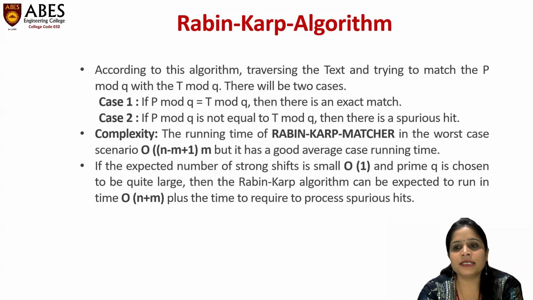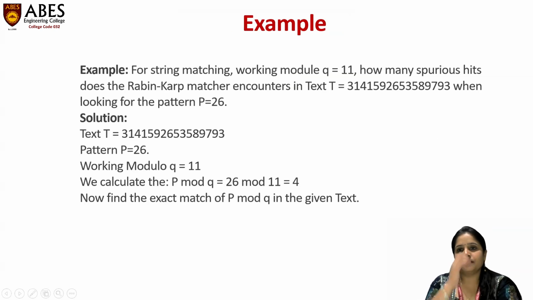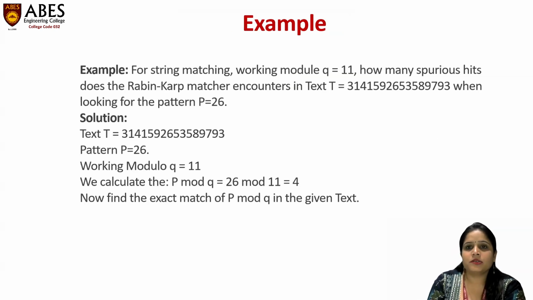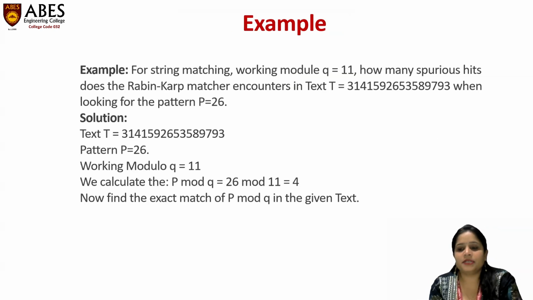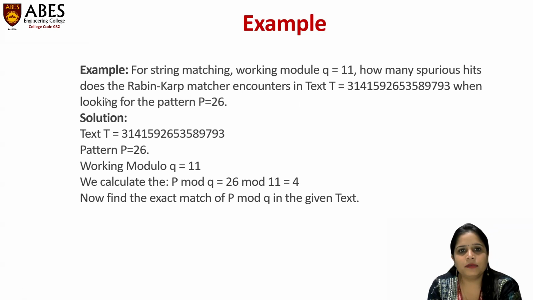To understand the concept of the Rabin-Karp algorithm, let us take an example. We are given the value q equal to 11.